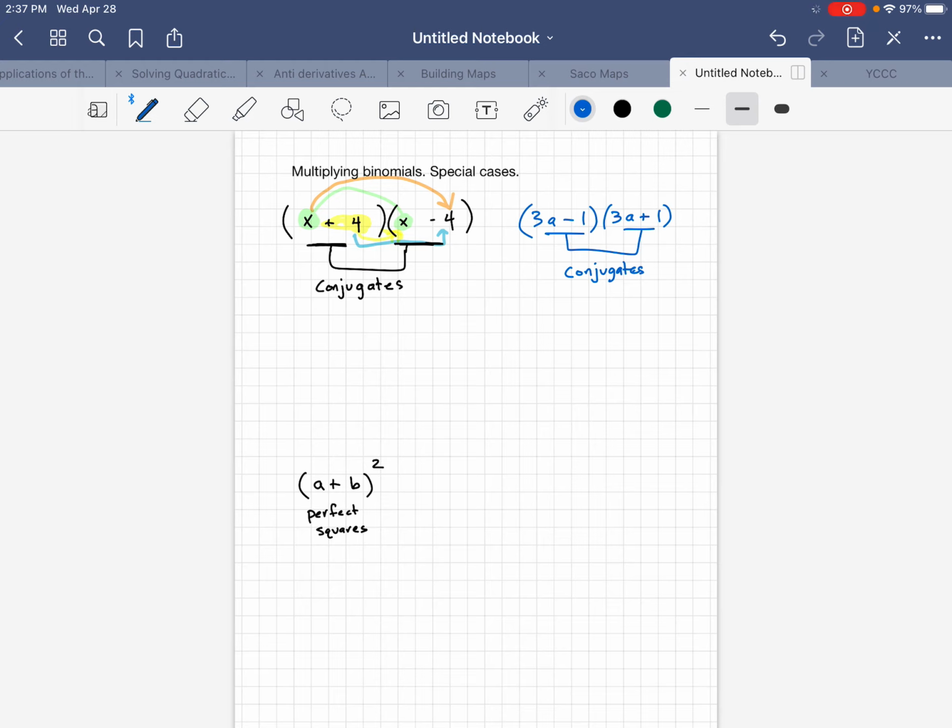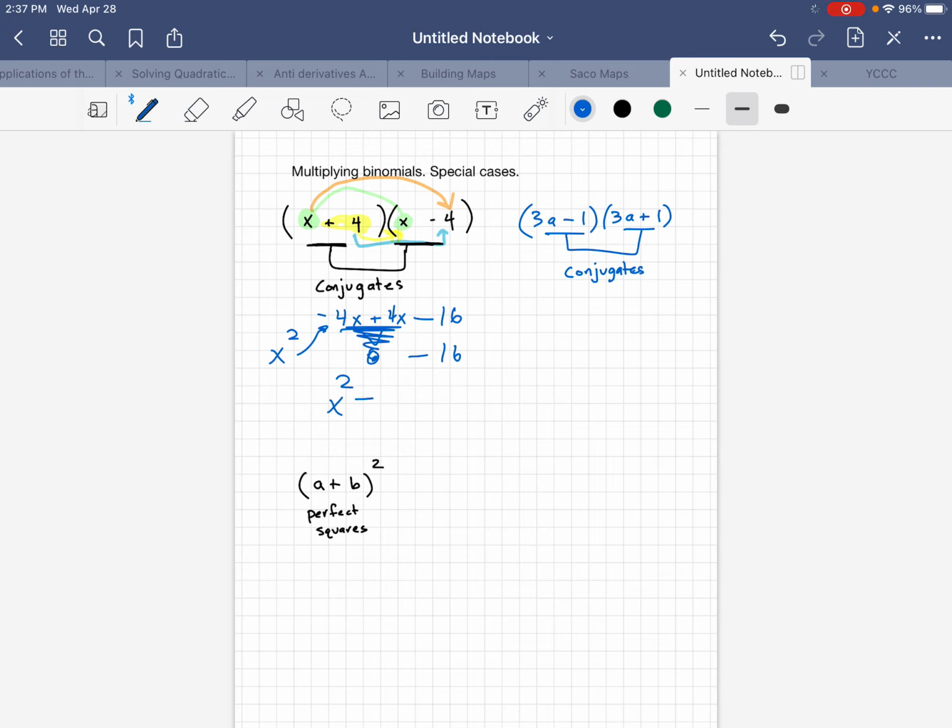So the middle terms of negative 4x and positive 4x will always give us 0. So we're really only going to focus on the first and last to give us x squared minus 4x plus 4x minus 16. The two middle terms cancel, giving me 0.